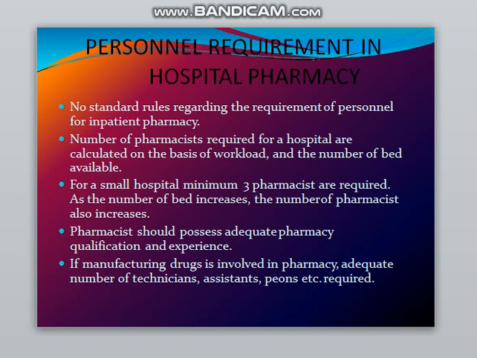For a small hospital, a minimum of 3 pharmacists are required. As the number of beds increases, the number of pharmacists also increases. The pharmacists should possess adequate pharmacy qualification and experience. If manufacturing of drugs is involved in the pharmacy, an adequate number of technicians, assistants and peons are required.